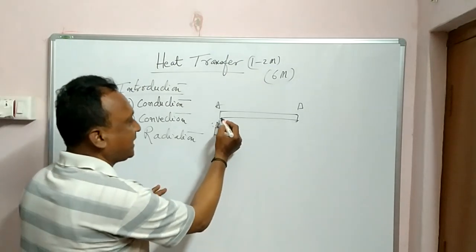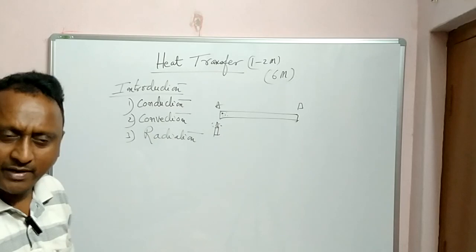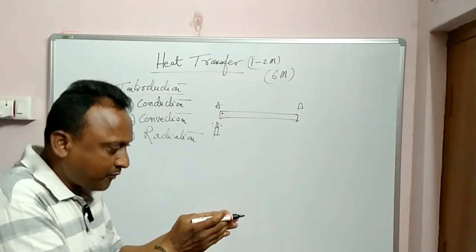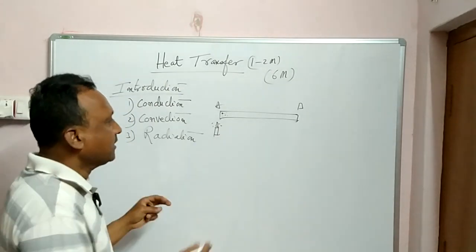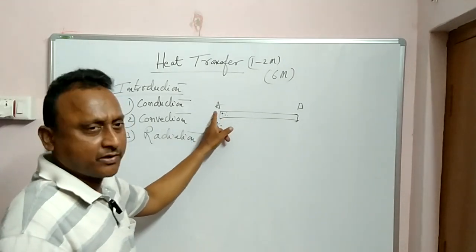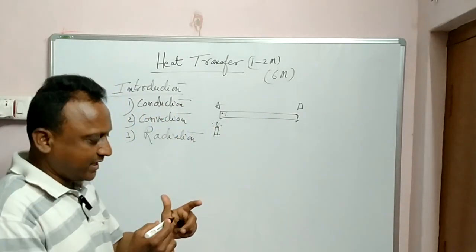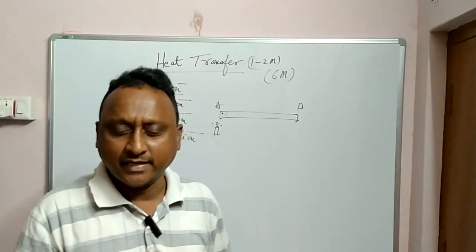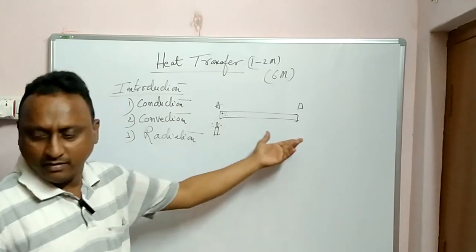The atoms inside vibrate, and the heat is transferred from one point to another due to vibration of the particles inside the rod. That is why, whenever we hold a metal rod, after a few minutes you feel the heat at either end.